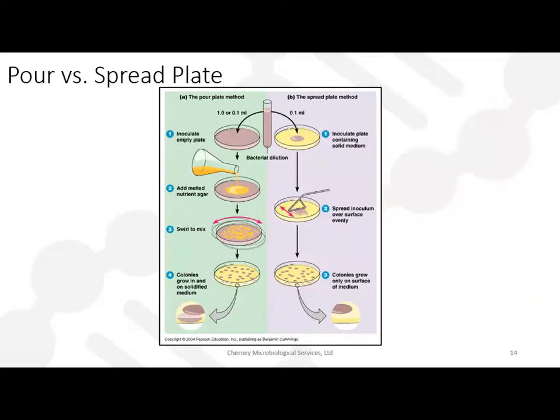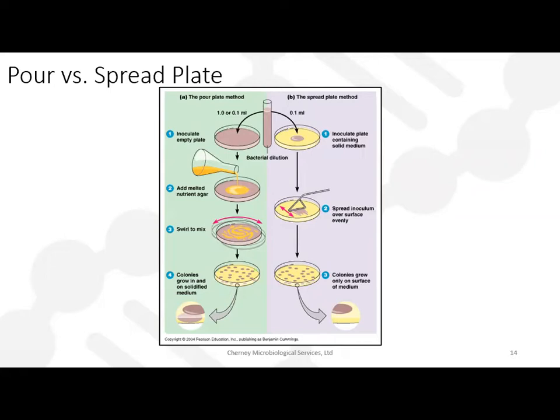So on the left side here, we have a pour plate. If you have an empty Petri dish, then you'll take your sample, 1 mil or 0.1 mil sometimes, and put it in the empty Petri dish. And you'll have your melted nutrient agar, whatever you're using for your enumeration. You'll pour it in there, and then you're going to swirl that around to mix.